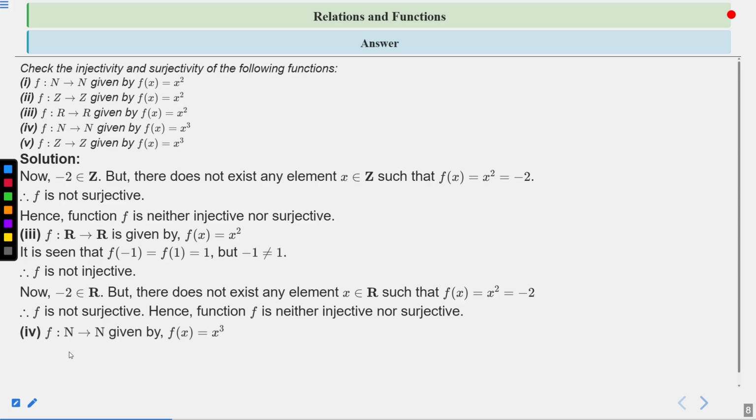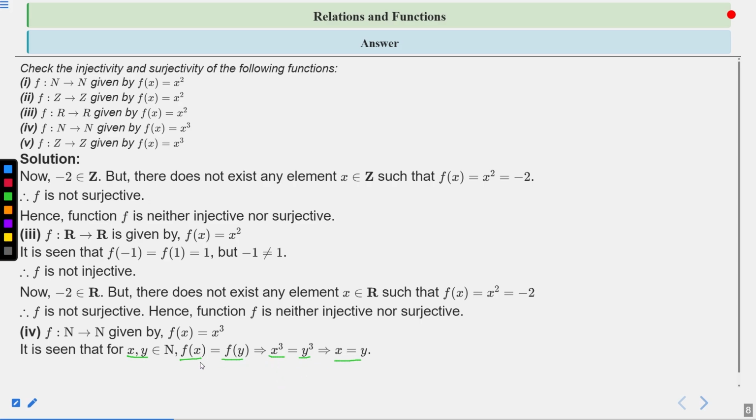Fourth, function defined from the set of naturals to naturals given by f(x) is equal to x cube. Picking any two elements from the domain set, we set up f(x) is equal to f(y), which is x cube is equal to y cube, and this gives me the condition that x must be the same as y.